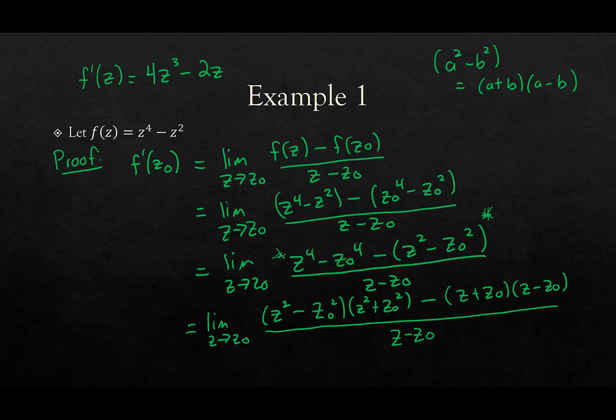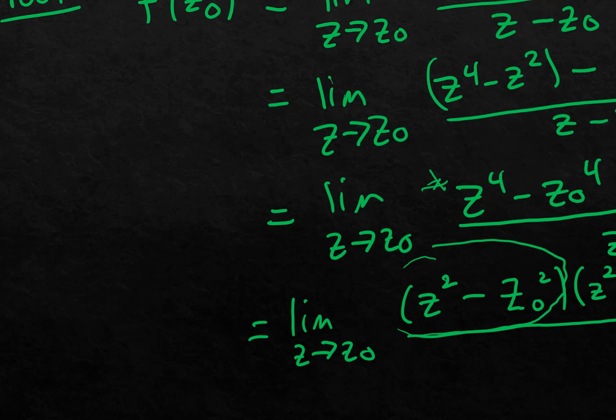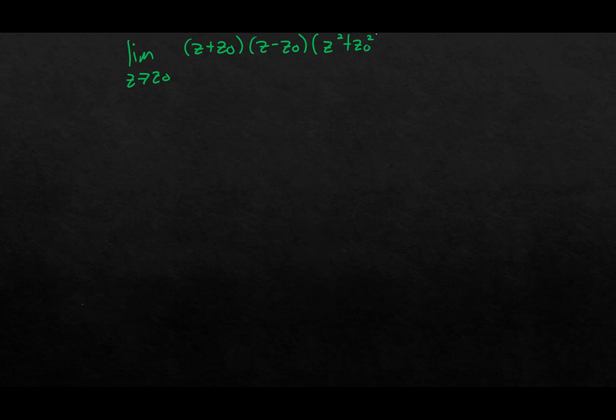Okay, and now we're going to use that formula again. Notice we have a z squared minus z naught squared, so again I can break that up, so that we get the limit as z approaches z naught of z plus z naught, z minus z naught, times z squared plus z naught squared, and then minus z plus z naught, z minus z naught.